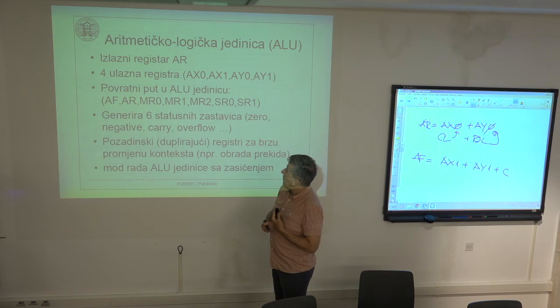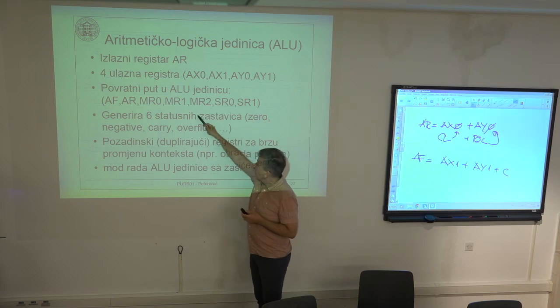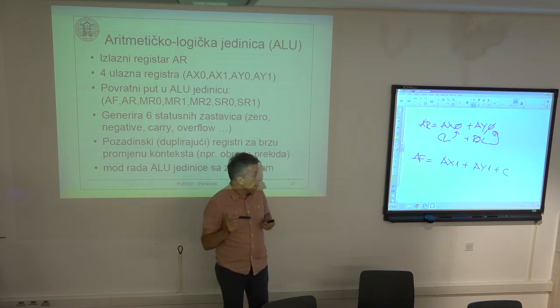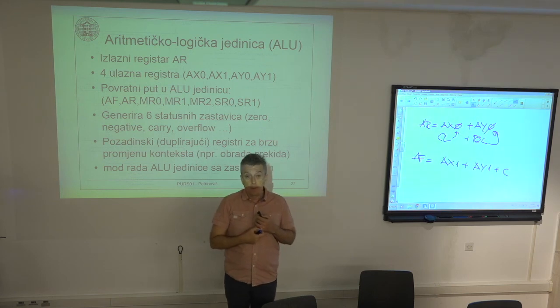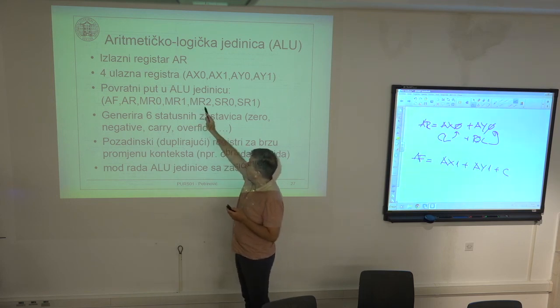And as we described, it has this output register AR, and 4 input registers AX0, AX1, AY0, AY1. The return path, so the result registers of this execution unit, but also of the other execution units, can be used as a left side argument.